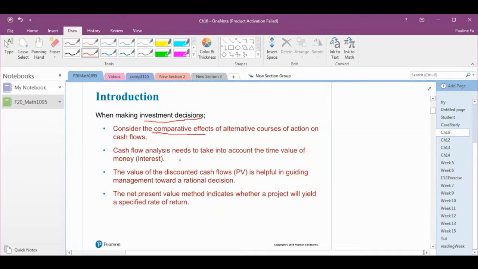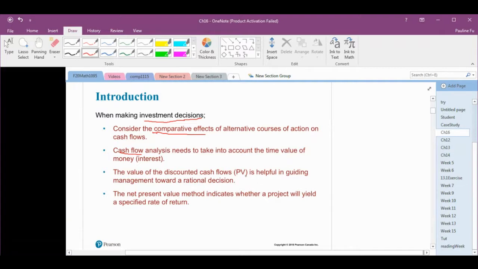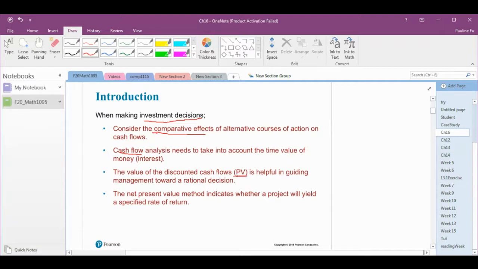Cash flow analysis needs to be taken into account because of the time value of money, the interest. When we make the decision, we usually compare the discounted cash flow. It is also called present value.